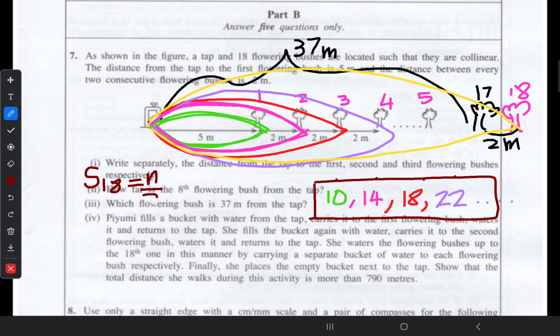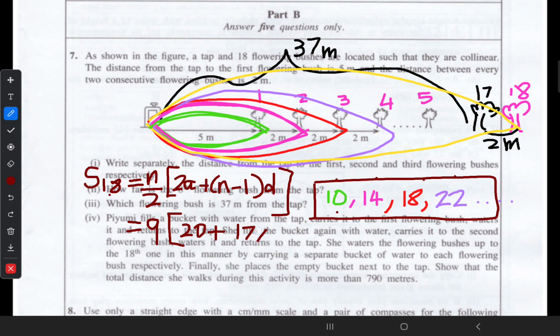So n divided by 2, 2a plus n minus 1 times d. n is 18, so 18 divided by 2, it's 9. 2 times a. Here the first term is 10, so 20 plus n minus 1. n is 18 minus 1, it's 17. Here the common difference is not 2, it is 4.